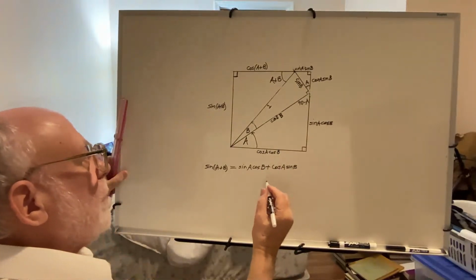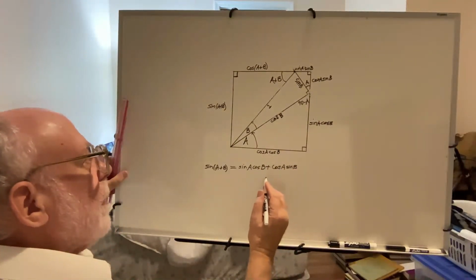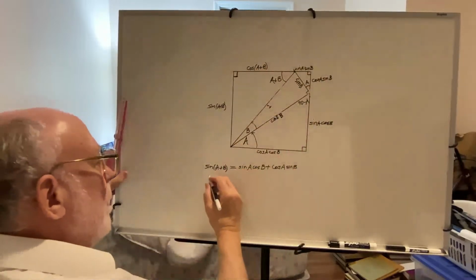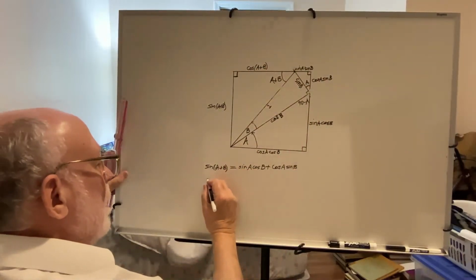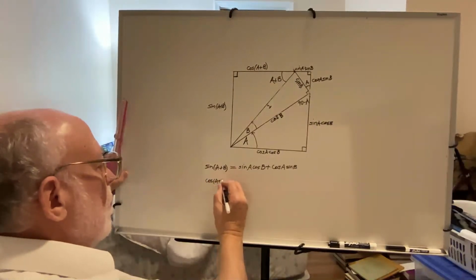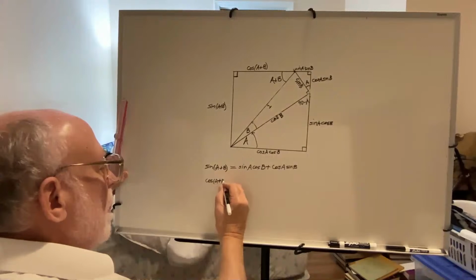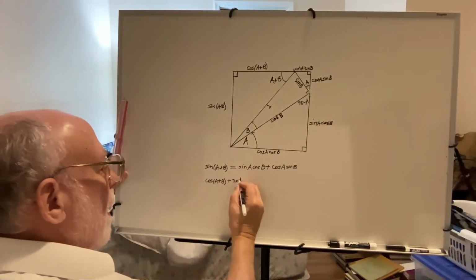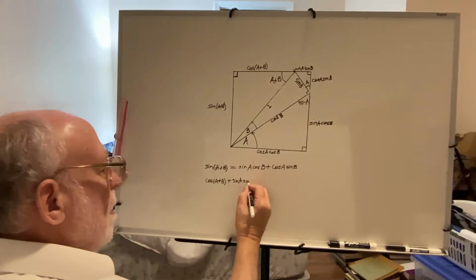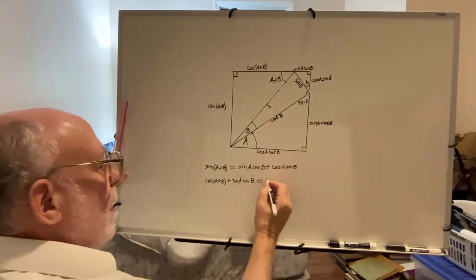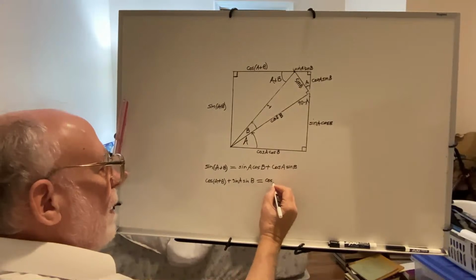And if we look at the top and the bottom, at the top you have the sum of the two lengths, cosine of A plus B plus the sine A sine B. That must be equal to the bottom length.